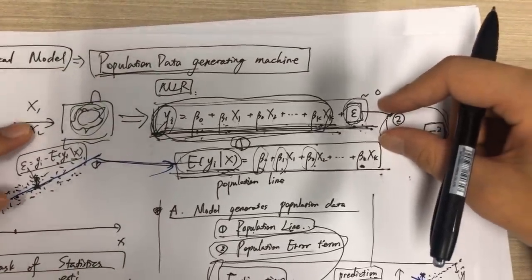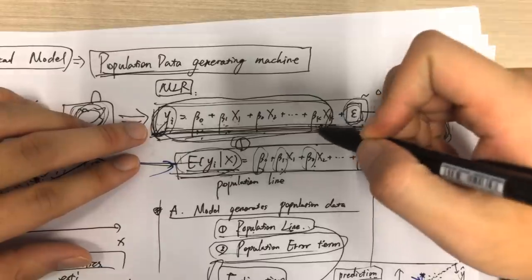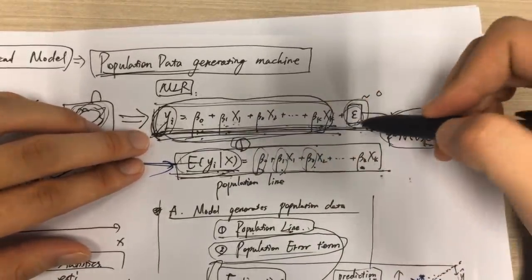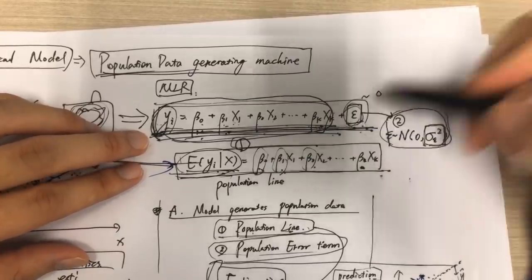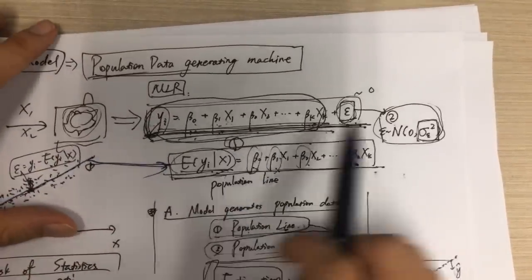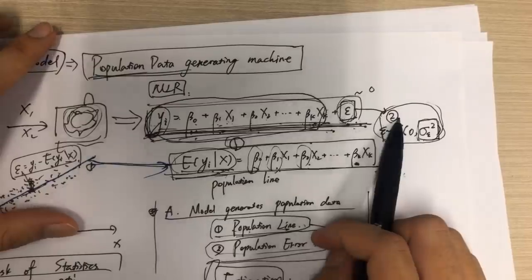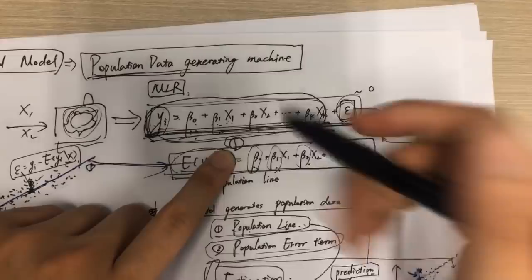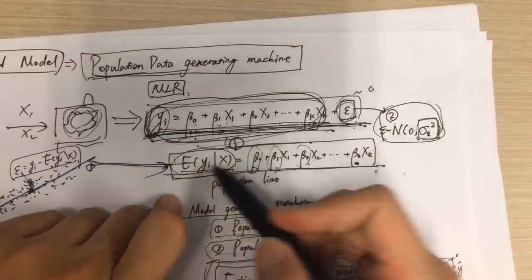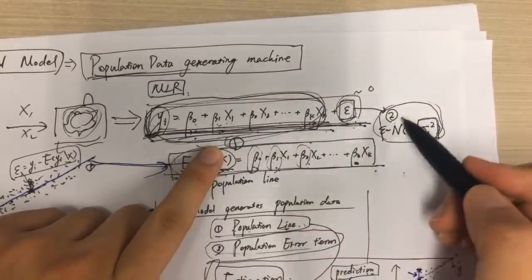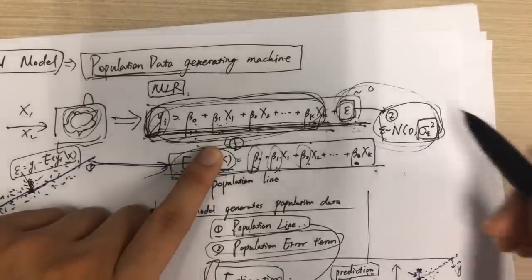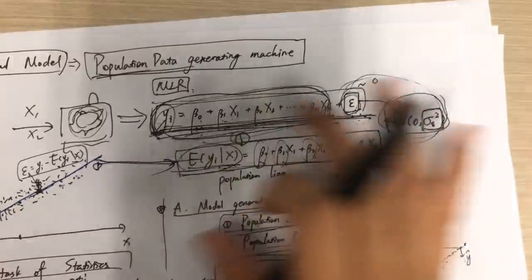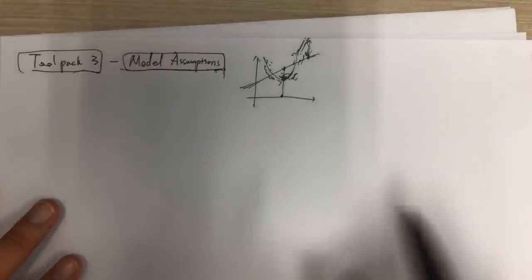If it is a set of rules, there must be some underlying assumptions, like restrictions on those data inputs. Therefore, there are two parts in this model, and the assumptions also come from those two aspects. There's one assumption on the straight line part, and several assumptions on the error term part. We will focus on both of those two aspects right now.